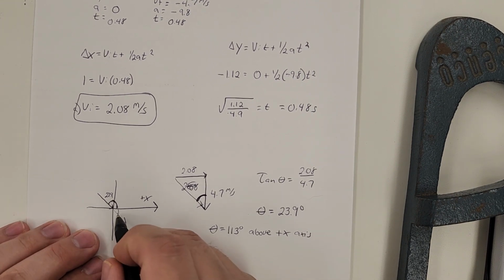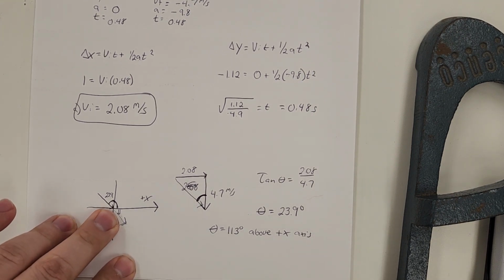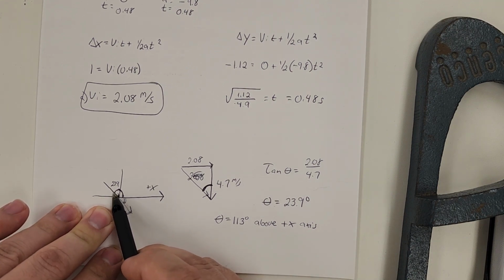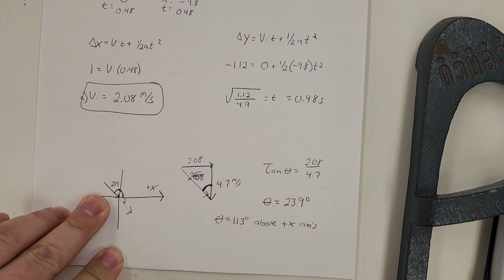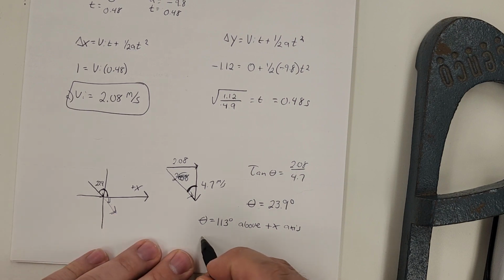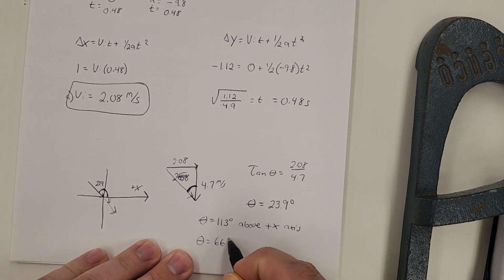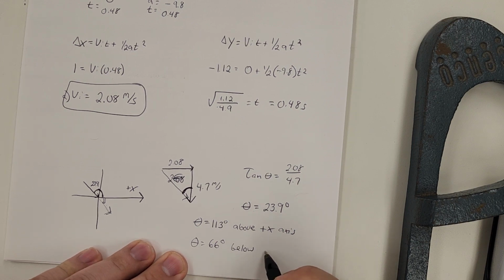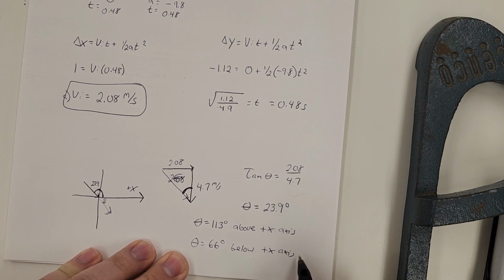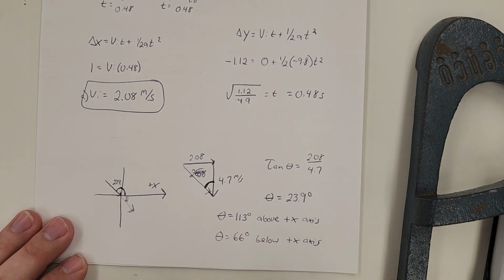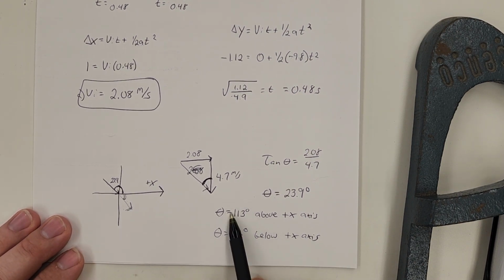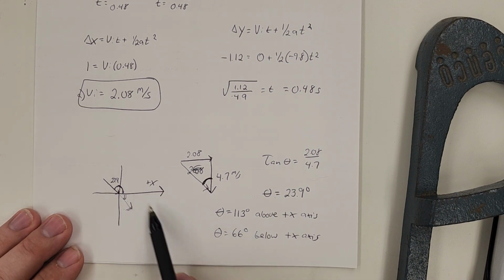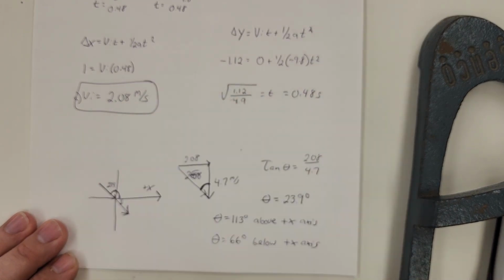Or we could look at it as this angle down here, which would be 90 degrees minus the 23.9, which would get us an angle of 66 degrees below the positive x-axis. So it depends on which way you wanted to calculate it, and it depends on how you draw this out. Whether you want it to be 66 degrees below it or 113 degrees above it, it is on the same trajectory in either case.